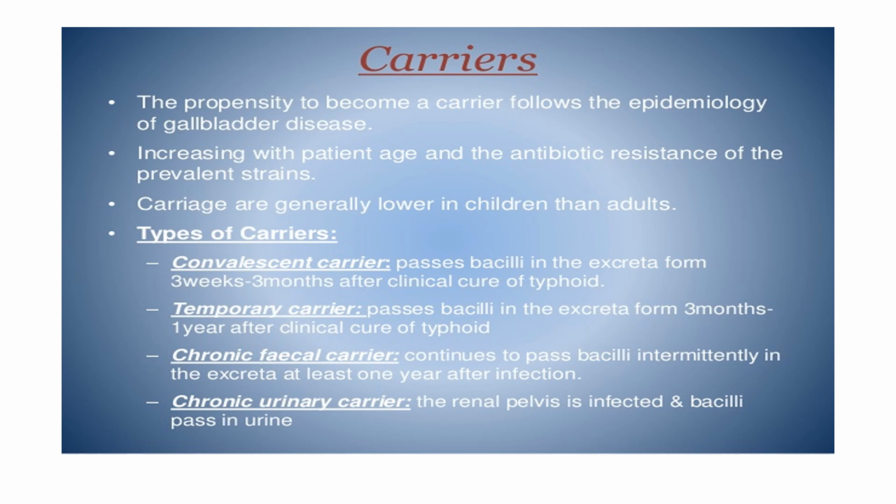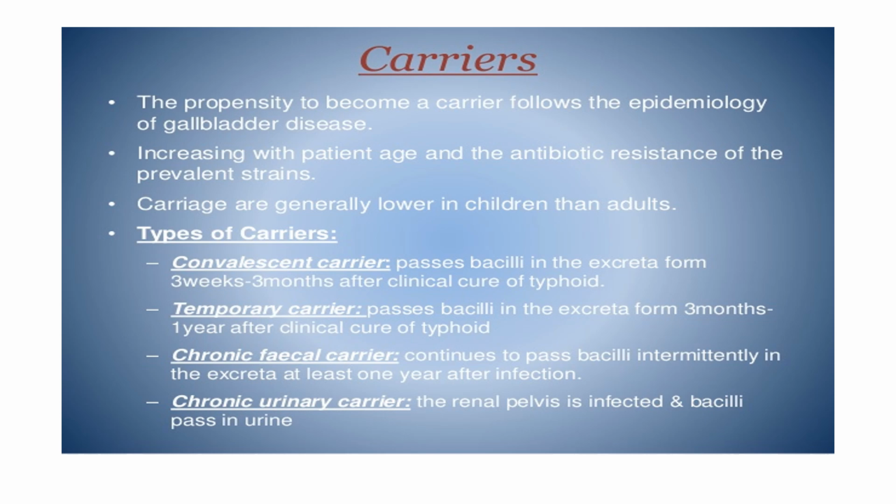The temporary carriers are those who pass the bacilli in the excreta from 3 months to 1 year after clinical cure of typhoid. So temporary carriers can shed the organism up to 1 year. You see how long they are the main source of spreading the infection.